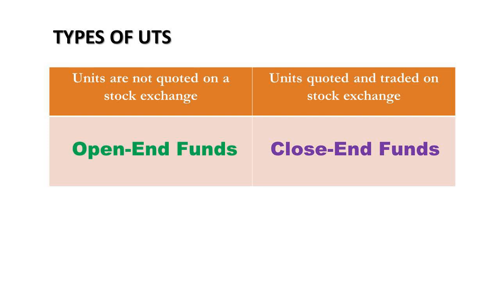Now let's go through more. Units are not quoted on the stock exchange, because when you buy and sell, you go through the unit trust management company, right? These are called open-ended. Whereas the units quoted on the stock exchange are closed-ended. Okay? So clear? Remember, closed-ended like share market, open-ended like unit trust.